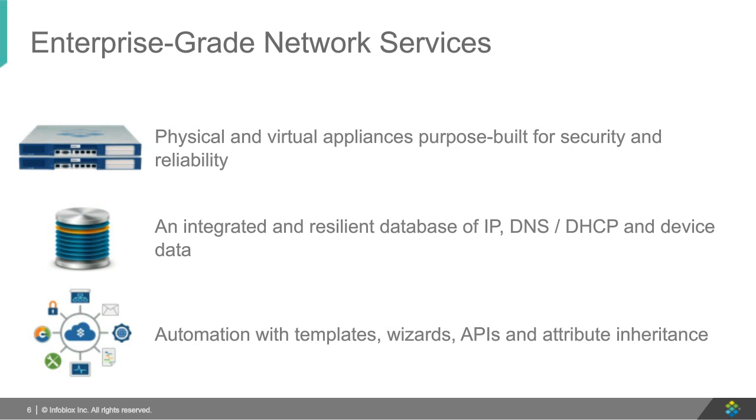Also, number two, an integrated and also robust database of all the DDI components: IP addresses, DNS addresses, and device data. This is enterprise grade. And finally, automation. Very important piece of this. Automate the provisioning and deprovisioning of these services using templates, wizards, APIs, as well as integration with other tools. And this takes network services to the enterprise-grade level. This is something we've been doing pre-cloud and are continuing to carry that banner forward.